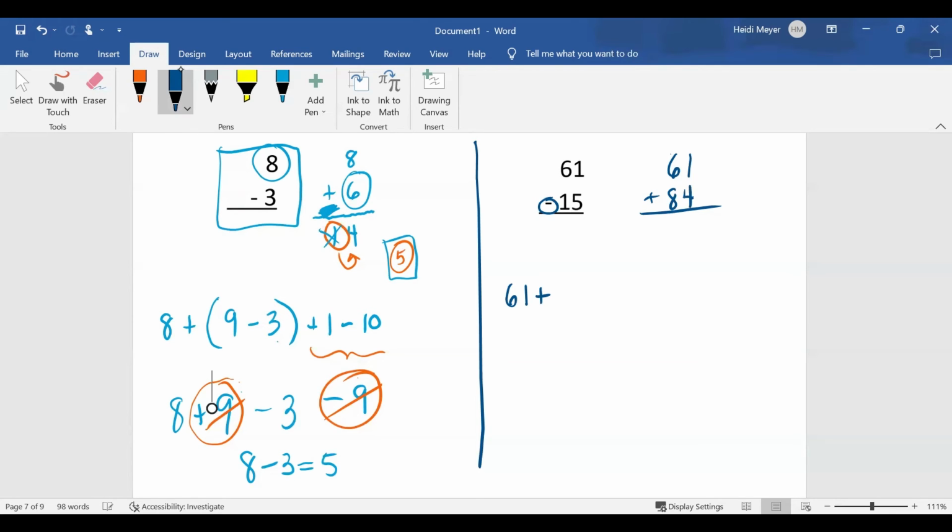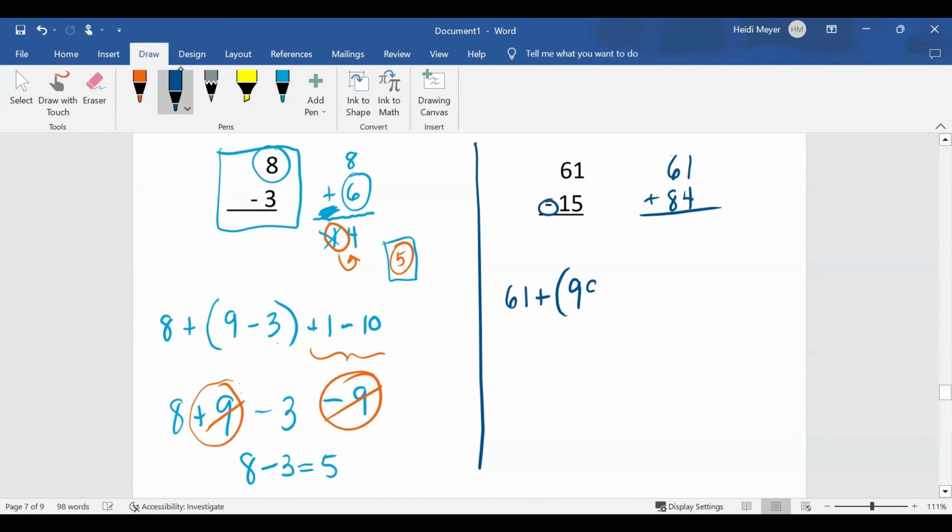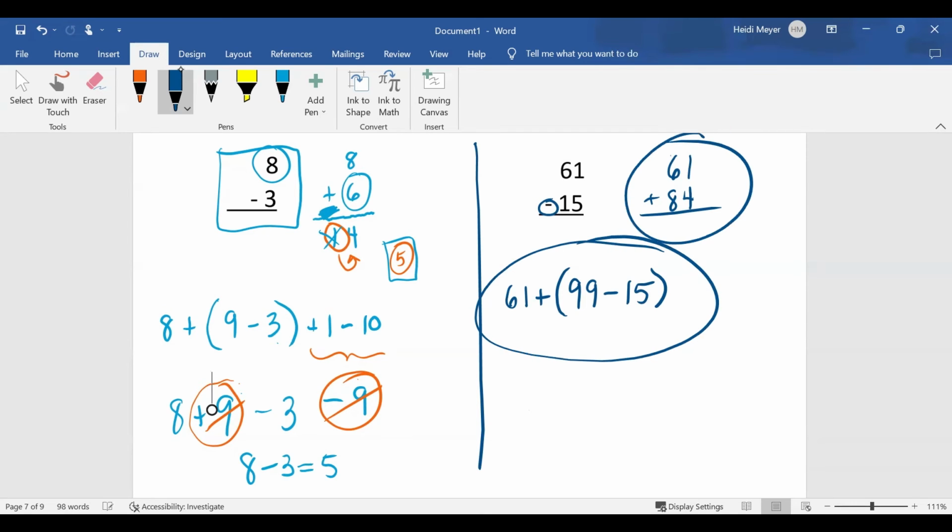Well, where did that 84 come from? Technically, what I did was 99 minus 15. I mentioned that earlier. I said we could use that for reference later. It's a 9 minus a 1 and a 9 minus the 5. That's where the 84 came from. So what's down here is equal to what's right here.